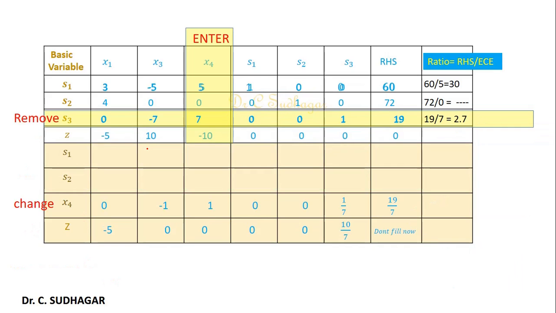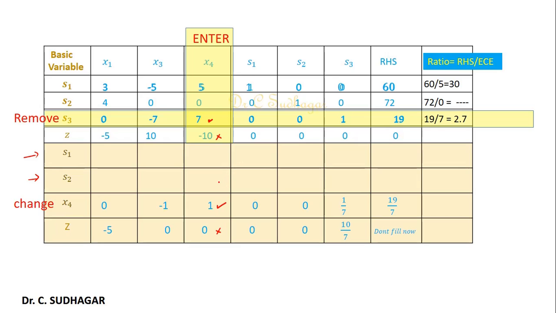Now after calculating this, the same method will apply for S1 and S2. One more thing you should note: this number in the previous step was converted into 1. After applying all the rules, this place will become 0 in all the equations. So this is another checkpoint for us.